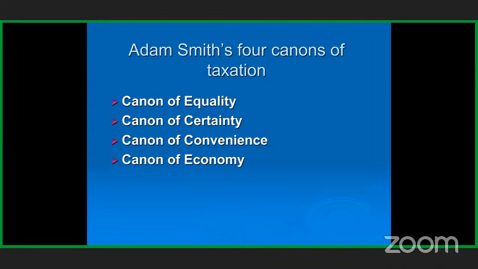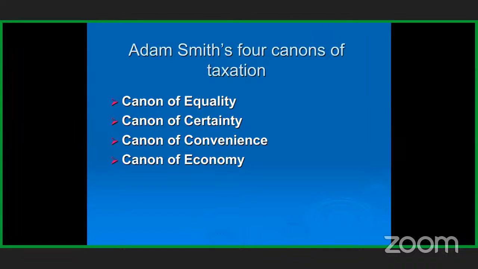So this canon tells that the taxes should not have adverse effect on production because high tax reduces savings and capital formation. High taxes on harmful commodities like drugs, cigarettes are regarded as meaningful because this tax results in the reduction of consumption of undesirable commodities besides increasing public revenue.